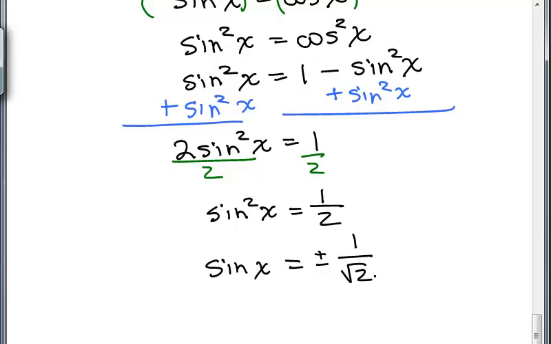Now, you could go ahead and rationalize the denominator, but hopefully once you see this, you recognize that that's the sine of a special angle here. That's that 45-degree angle, basically. But notice we want all the places where it will either be 1 over square root of 2 or negative 1 over square root of 2.